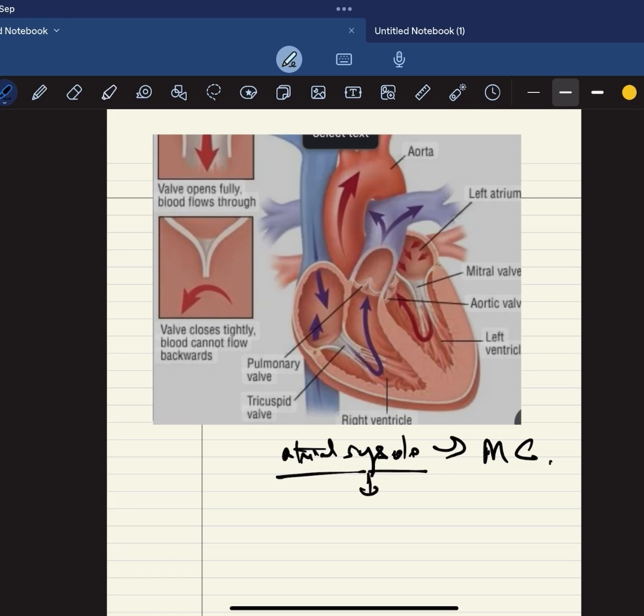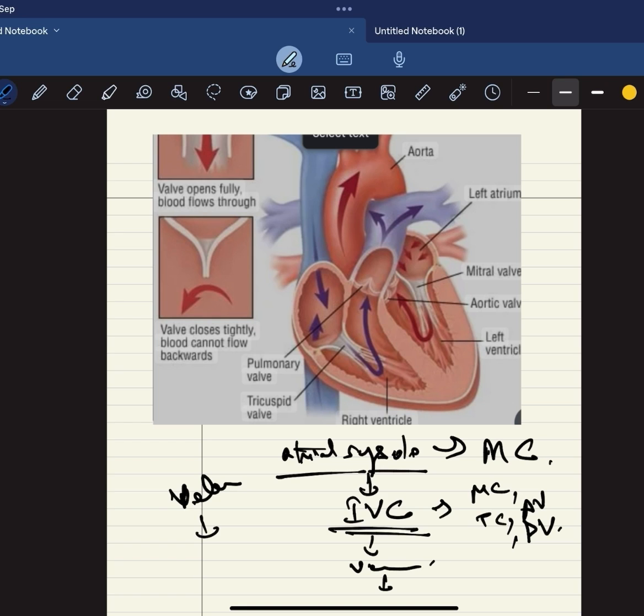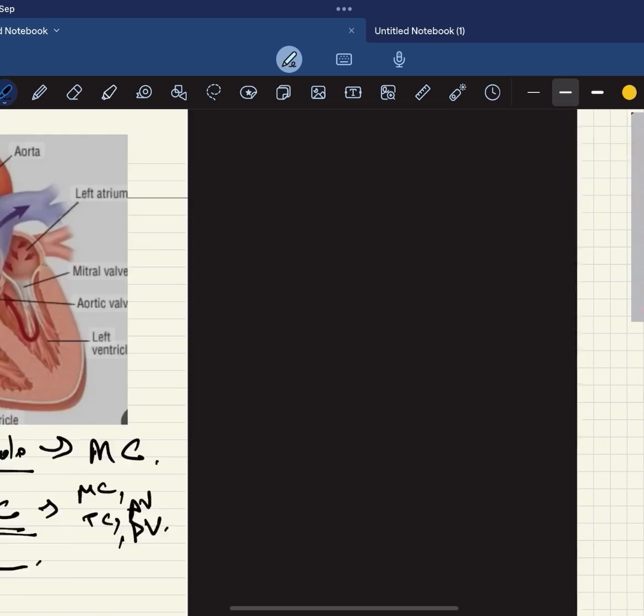Then the isovolumetric contraction, where all four valves, that is the mitral, tricuspid, aortic and pulmonary valves, are closed. Then is the ventricular ejection, then the ventricular relaxation, and then the ventricular filling takes place. Okay, so this is the cardiac cycle.